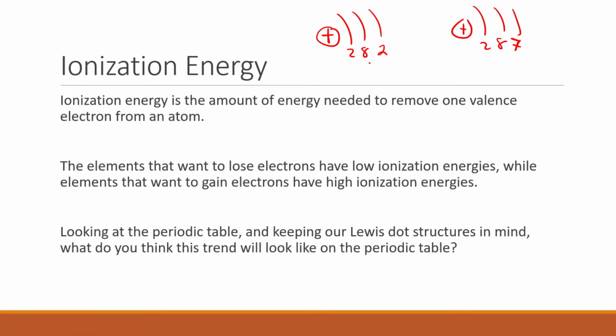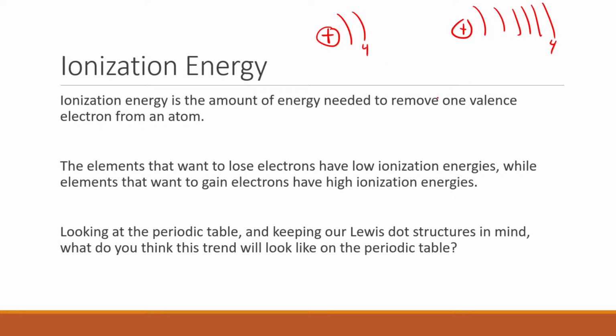In addition to the number of valence electrons, we're also going to take a look at the number of shells that each element has. If we compare an element with 2 shells that has 4 valence electrons and an element that has 6 shells that has 4 valence electrons, they have the same number of valence electrons here, so they equally want to gain or they equally want to lose.